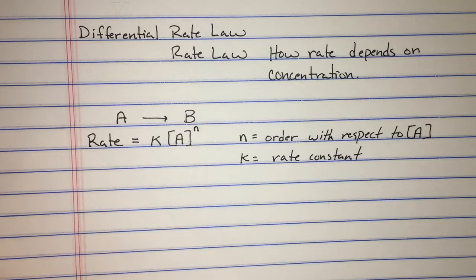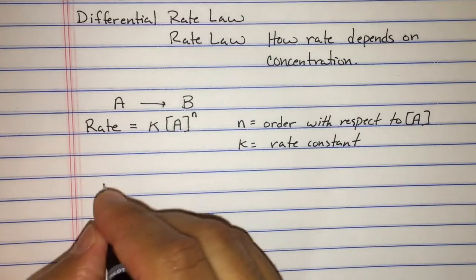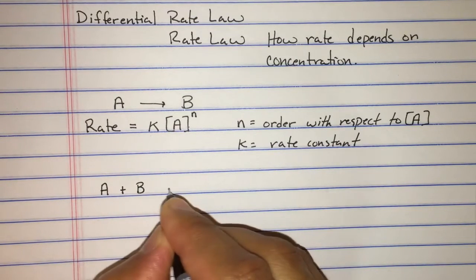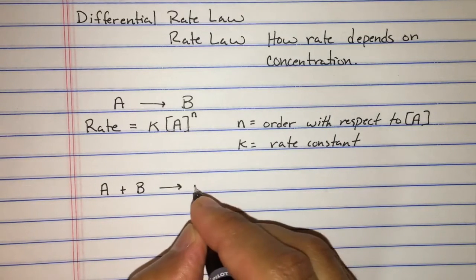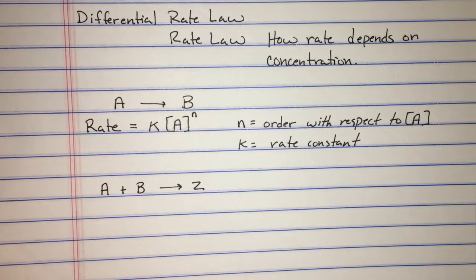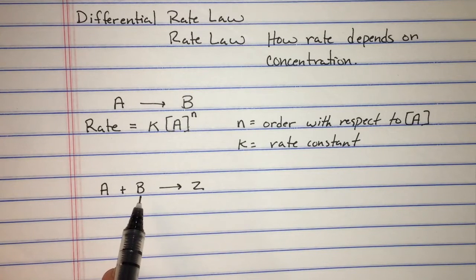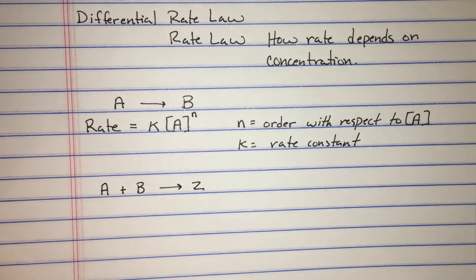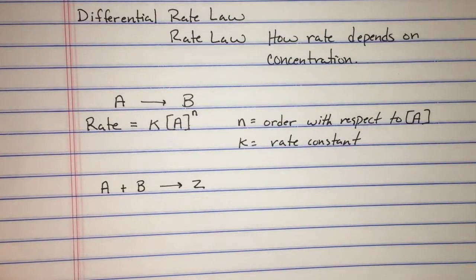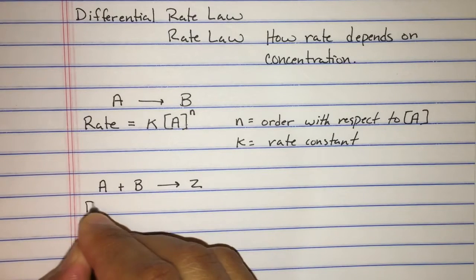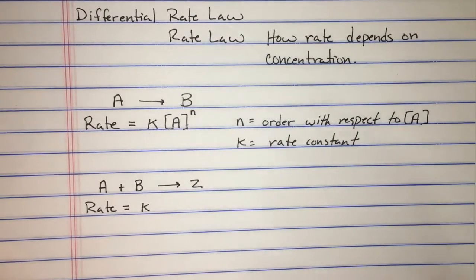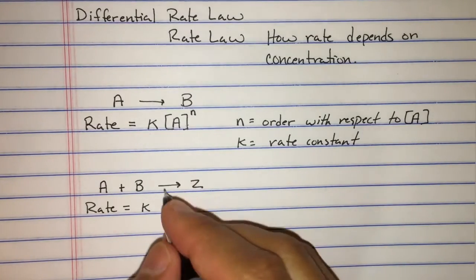Let me give you another example. What happens when we have two reactants? A plus B reacts to give us Z. Again, just some generic reaction. Well, we can write the rate law like this. Rate is equal to some rate constant, which we will go find.